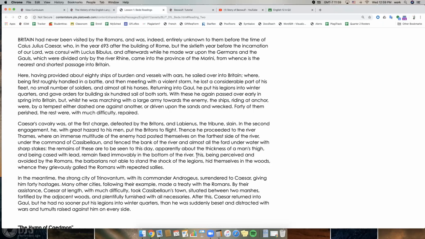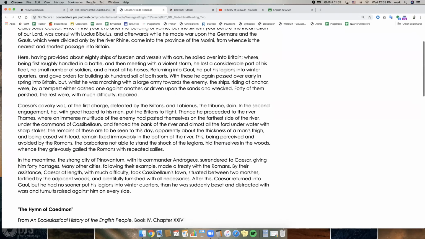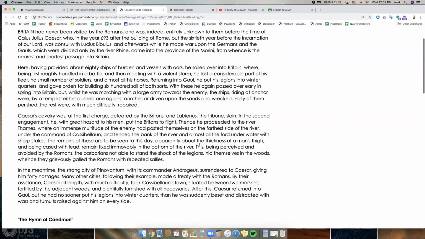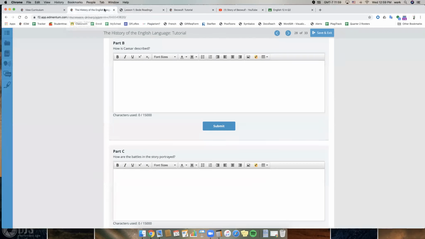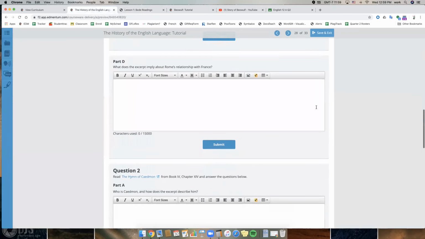This might be referring to the French being the barbarians. So anyway, it doesn't really matter. The main thing is that the Romans want to conquer France because they're just trying to build their empire. So that is what that's all about.